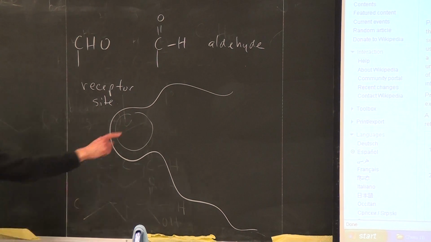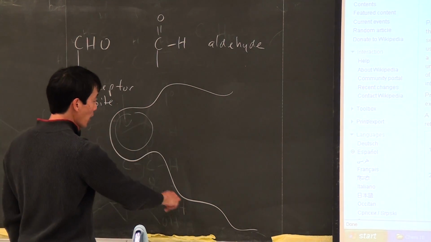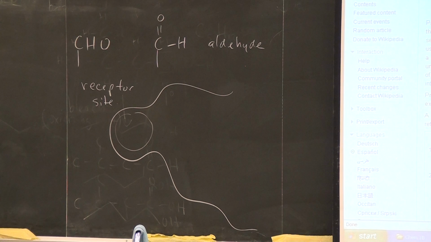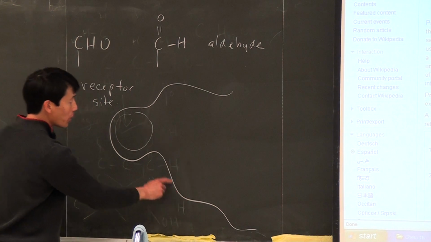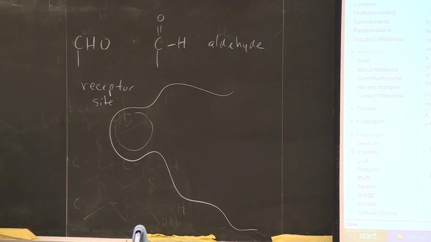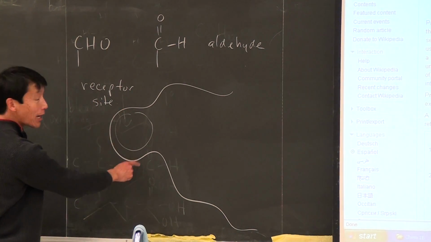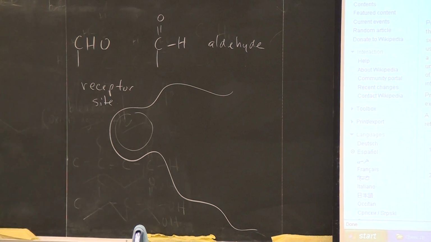Okay, so if this squiggly line here represents the protein molecule, the folding of this is going to be the tertiary structure, but in this part here, that's going to represent the primary, secondary, or quaternary.